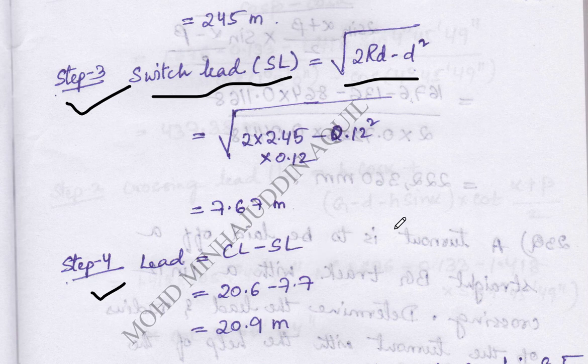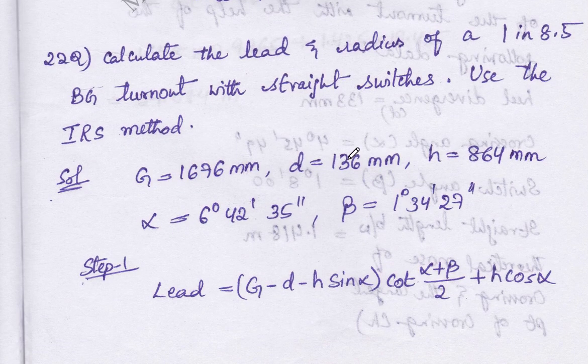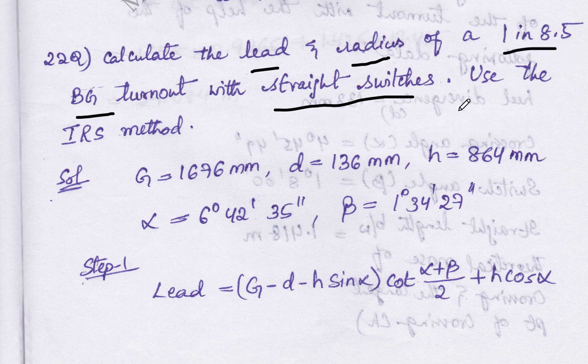Now, we will move towards another type of problem. In this type of problem, what do we have to calculate? Lead and radius of BG track with straight switches for the given slope as 1 in 8.5. We have to use the IRS method.